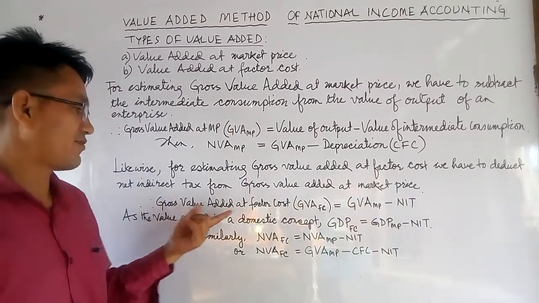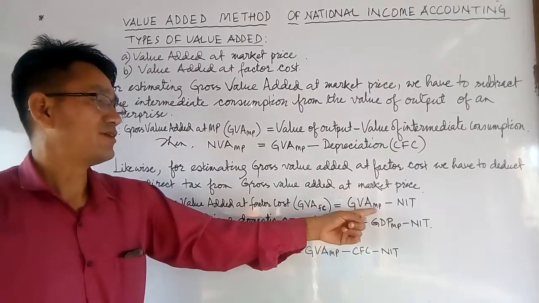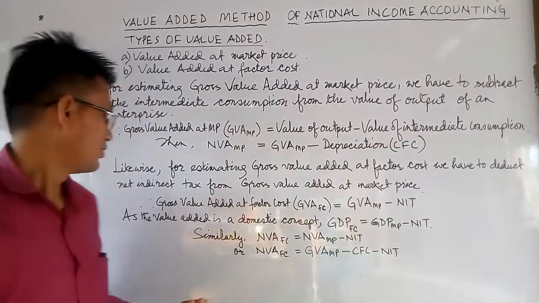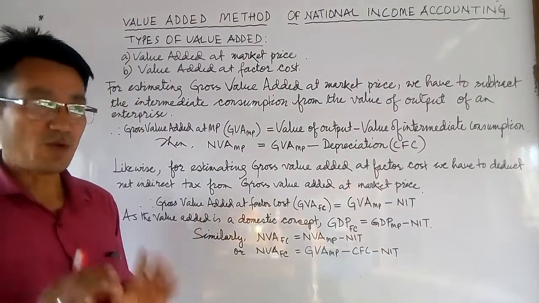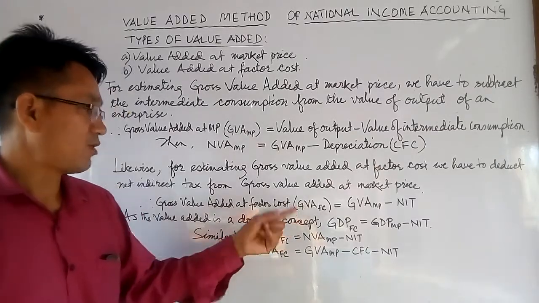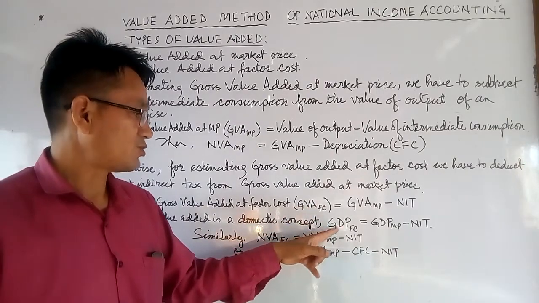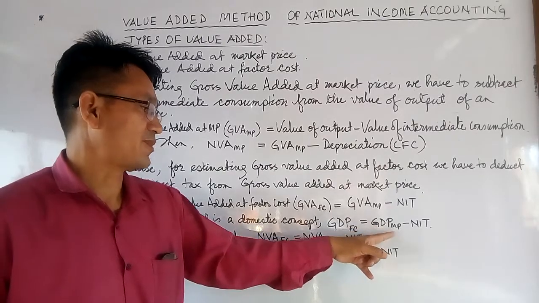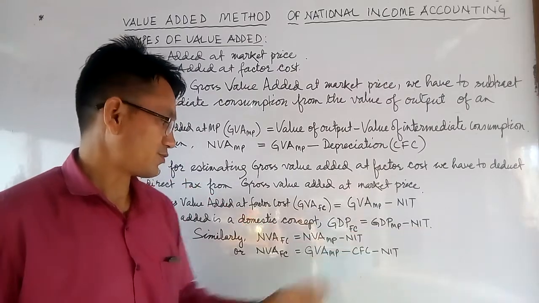So gross value added at factor cost, that is GVAFC, is equal to GVAMP minus NIT, that is the net indirect tax. As value added is always a domestic concept, instead of gross value added FC, we can just say gross domestic product at factor cost is equal to gross domestic product at market price minus NIT, the net indirect tax.